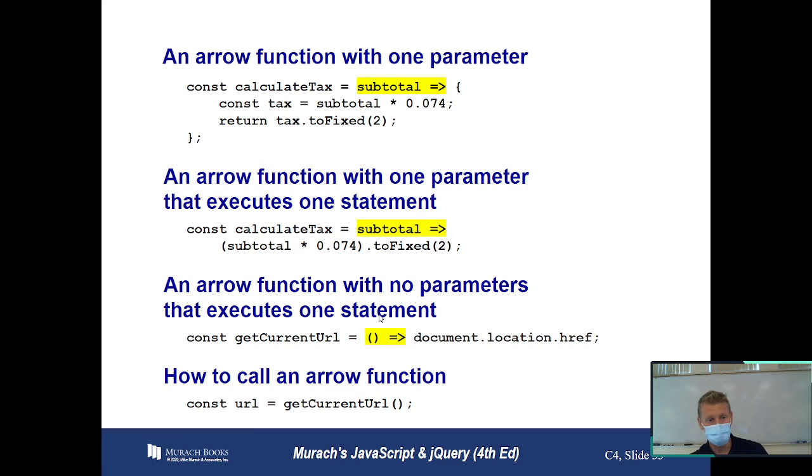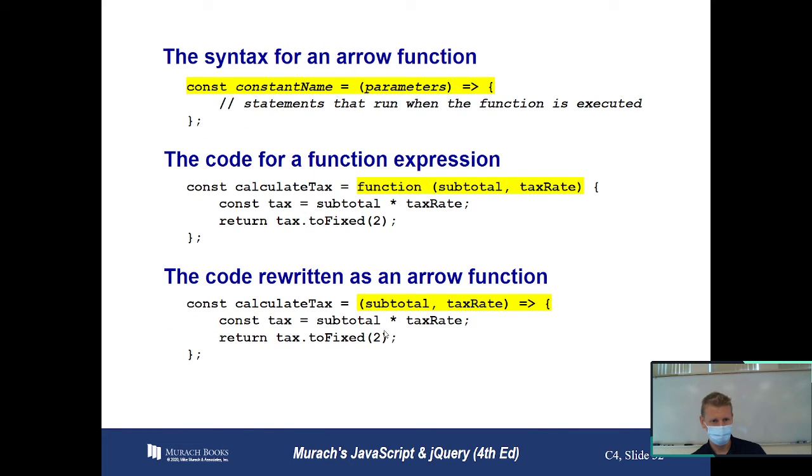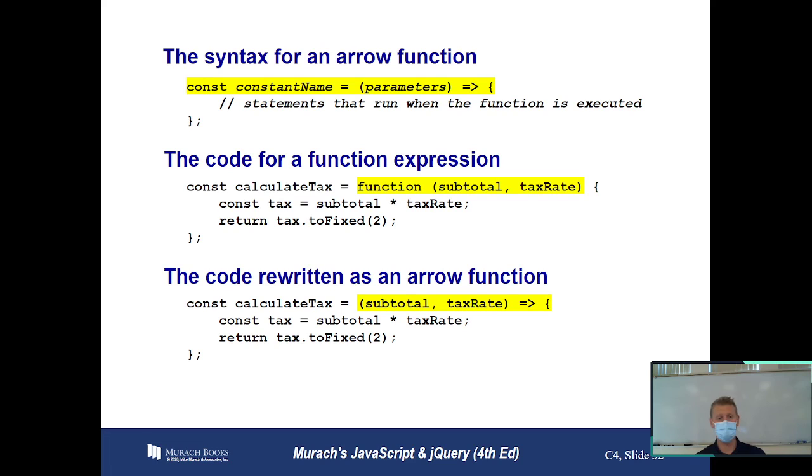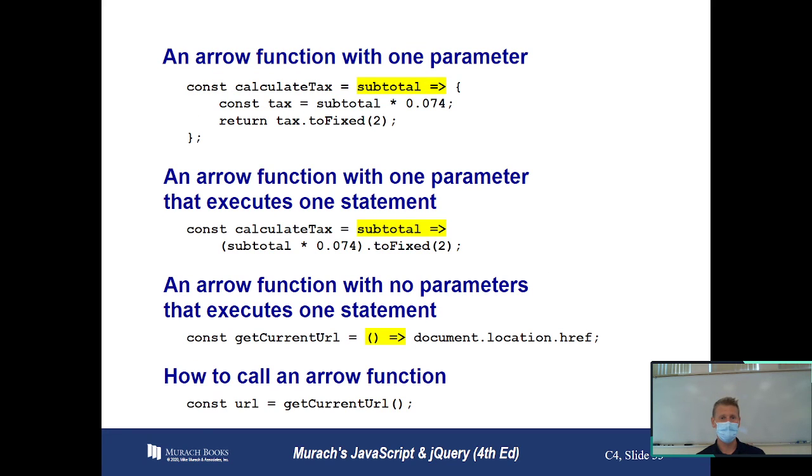They show here an arrow function with no parameters, an arrow function with one parameter. Notice this arrow function at the bottom here has two parameters and it's in parentheses. But an arrow function with one parameter does not have parentheses. With no parameters it is empty parentheses, so that's just kind of unique.